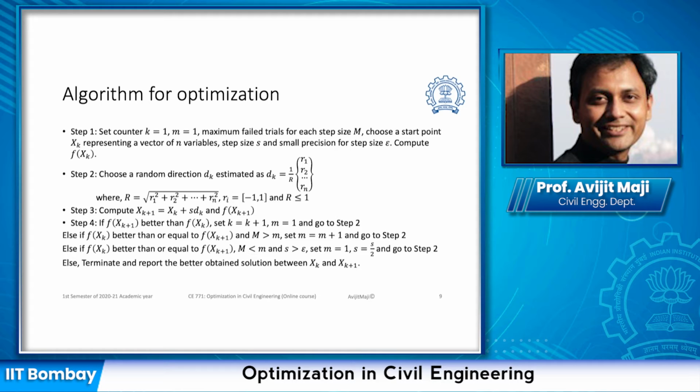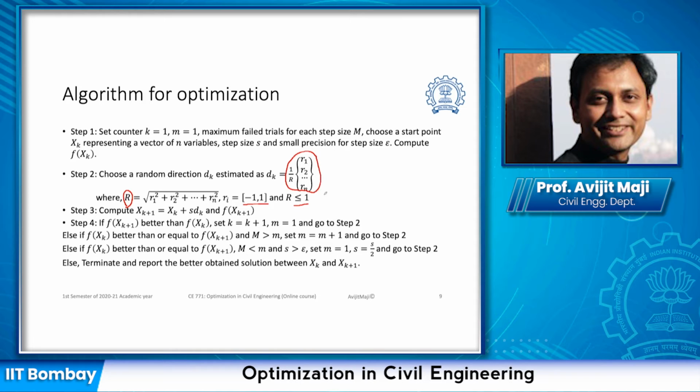In this step, we find a random direction to search, and this random direction is governed by the random numbers generated. So if we have n number of variables in our objective function, then we can generate n different random numbers between -1 and 1, and if we do the square root of the square of those random numbers and that number r is less than or equal to 1, then we can use it to find the direction in this way.